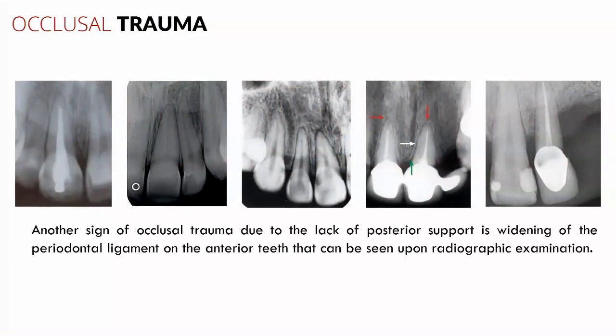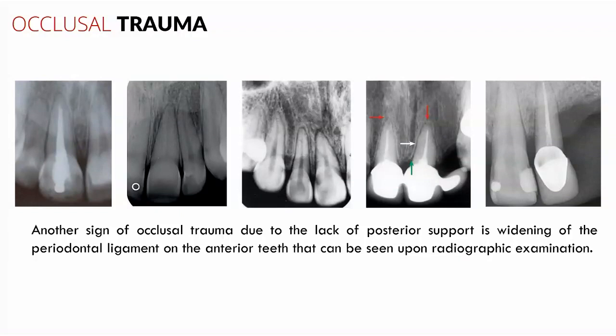Okay, so one of the other things that we can see when front teeth are being traumatized, and I know you haven't had radiology yet, but when we look at these x-rays, remember that there's one photo we pointed out, that little thin area, we call it the PDL. Well, when front teeth get overloaded, that PDL space actually gets wider, and it gets wide enough to the point where we can detect that on the x-ray, and it's going to look noticeably different than the adjacent teeth, okay?